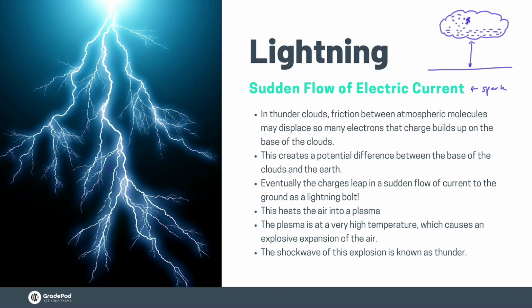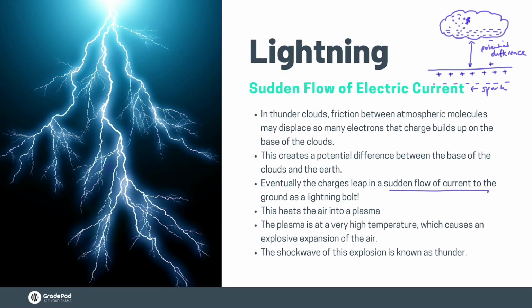Like charges repel. Then the positive charges stay where they are. But because the negative charges have been repelled by the thundercloud, we get a potential difference, because that's positive, that's negative. It's a potential difference.